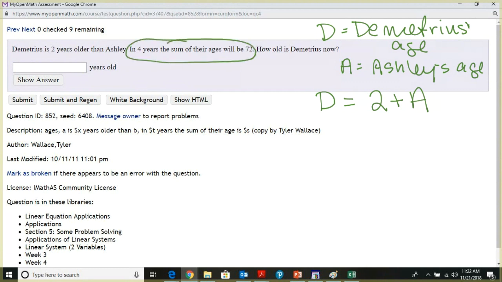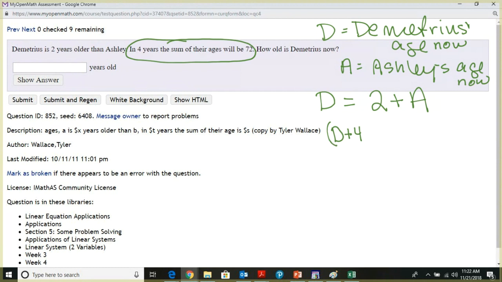It says in 4 years, the sum of their ages will be 72. So let me just alter this real quick. Demetrius's age now, Ashley's age now. Right now, this is our D and this is our A. So I would take Demetrius's age now and add 4.